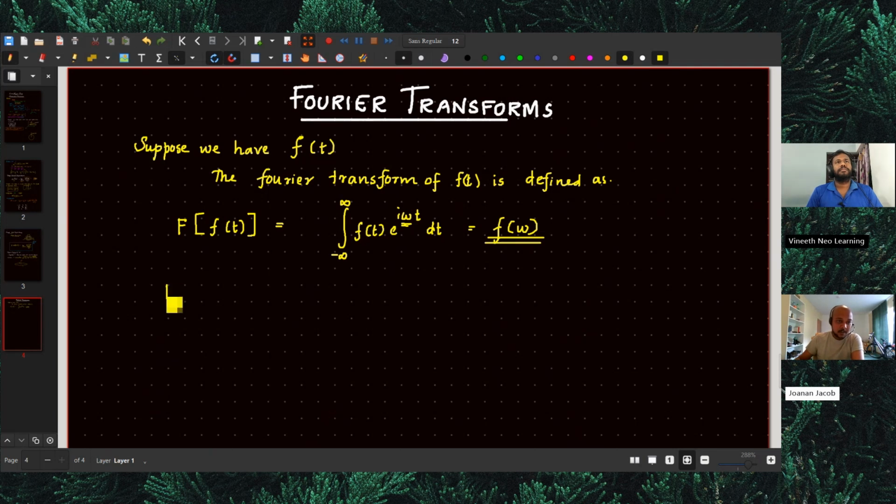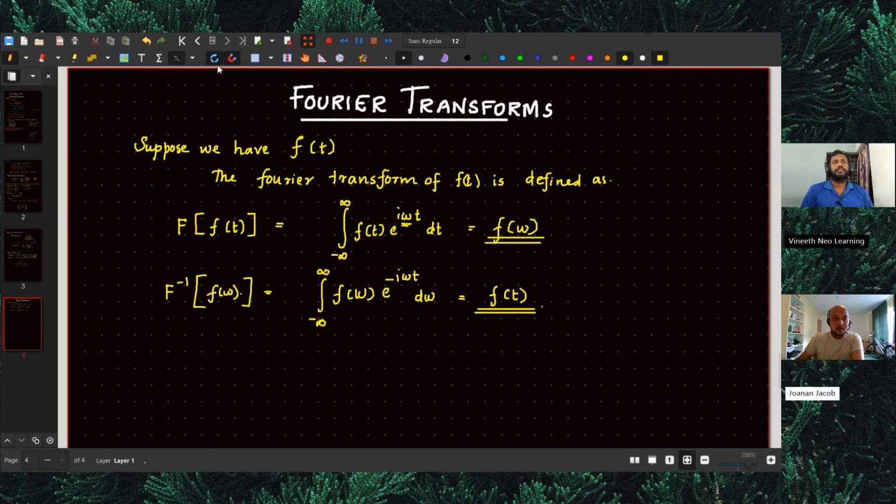The inverse Fourier transform is written as f of t equal to the integral from negative infinity to infinity of F of omega e raised to negative i omega t d omega.